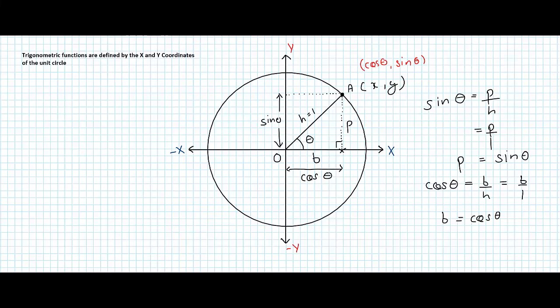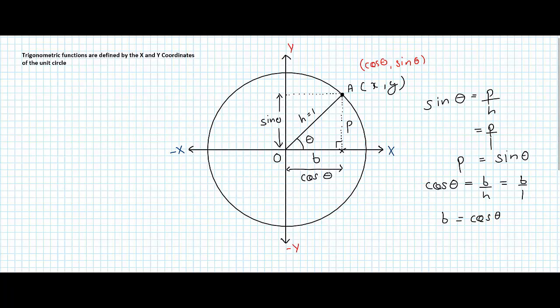So in general we can say that the x and y coordinates of any point, be it this point or be it this point on the unit circle, would have coordinates in the form of some cos and some sine. Now obviously the signs vary, and I'll show you why that happens, but this is just to illustrate how the x and y coordinates of any point on these arcs come out to be cos theta and sine theta respectively.